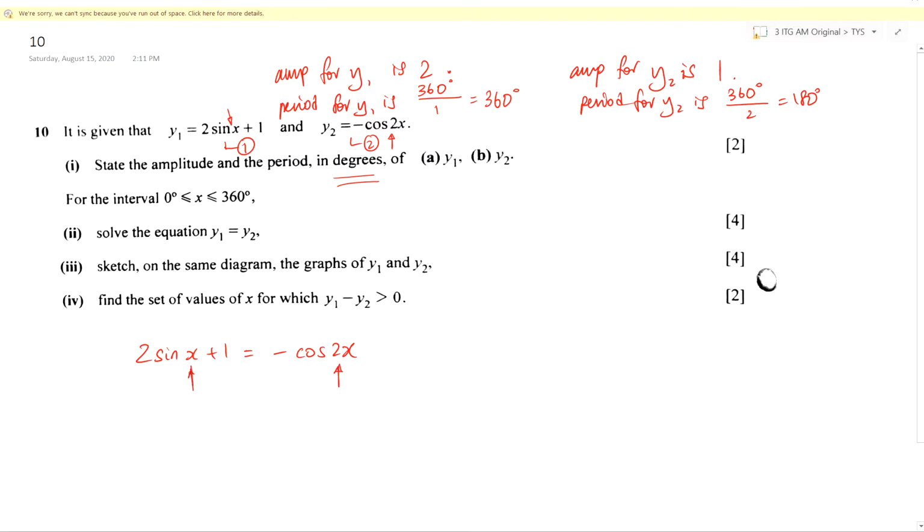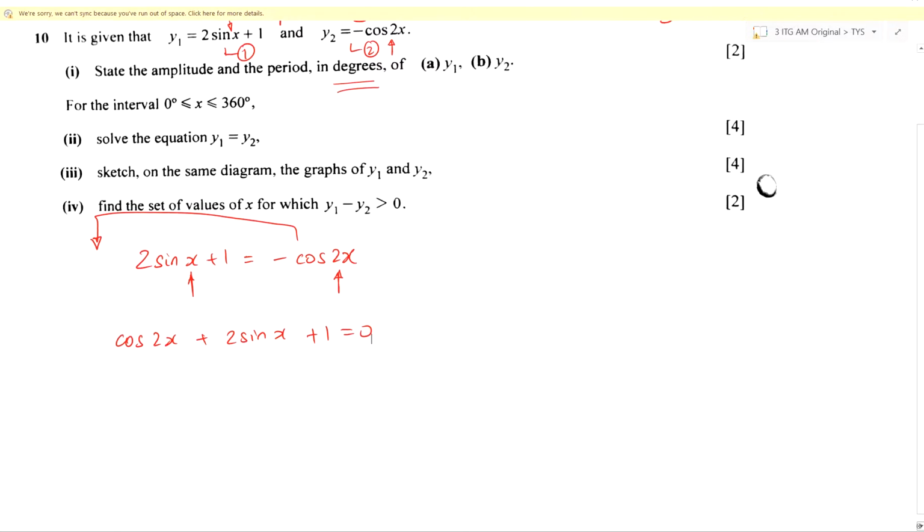We need to change them to be both angles x. So at the same time, I'm going to add cosine 2x to both sides to make it cosine 2x plus 2 sine x plus 1 equals to 0.